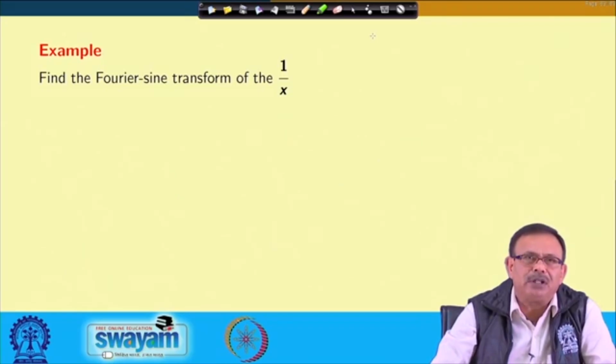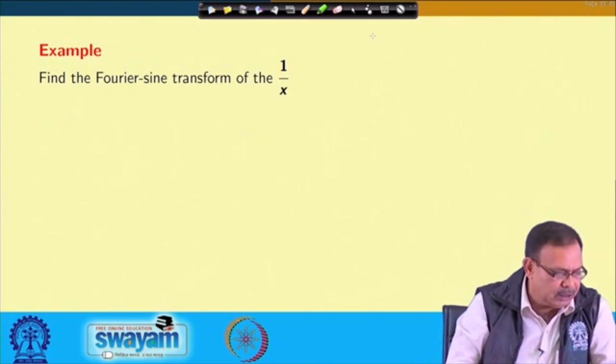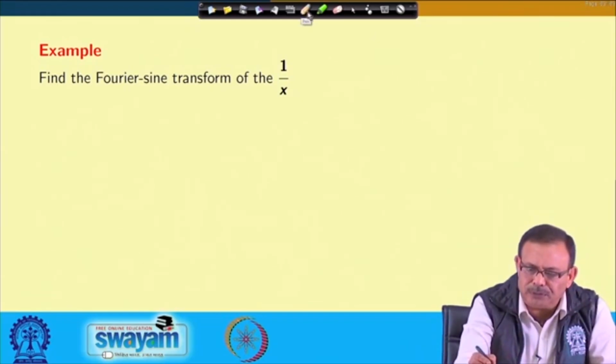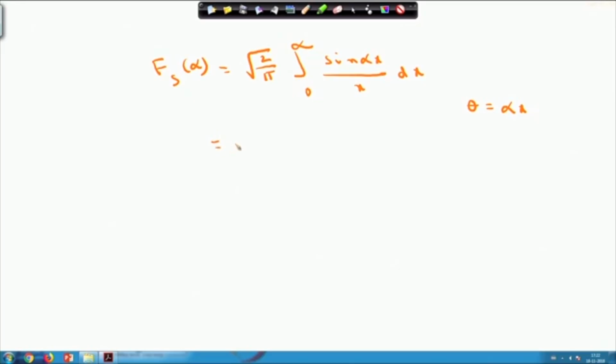Let us take another example. We want to find the Fourier sine transform of the function f x equals 1 by x. For this one, the Fourier sine transform f of alpha equals root over 2 by pi, 0 to infinity, sin of alpha x by x dx. Now, I can substitute theta equals alpha x.